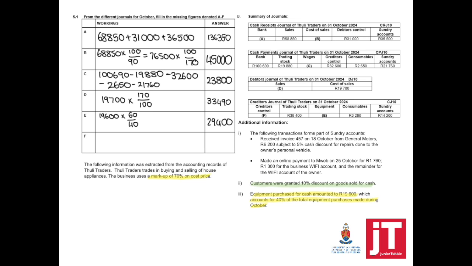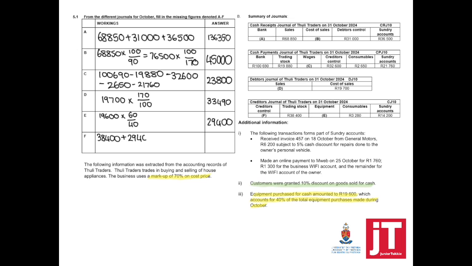If you have set 19,600 times 100 divided by 40, that will also be correct, but then you need to remember, I still need to times that by 60% because 60% of the total purchases is on credit and only 40% is cash. So this is just a little bit more challenging way of finding out what my equipment is equal to.